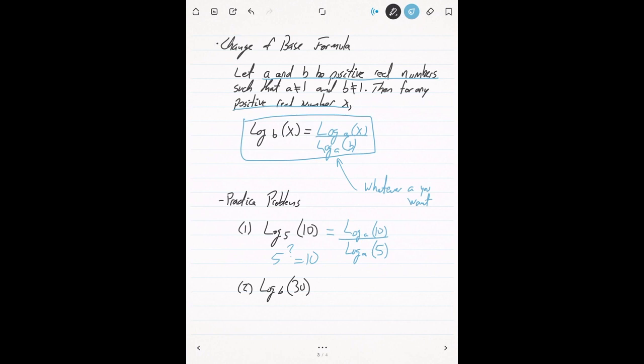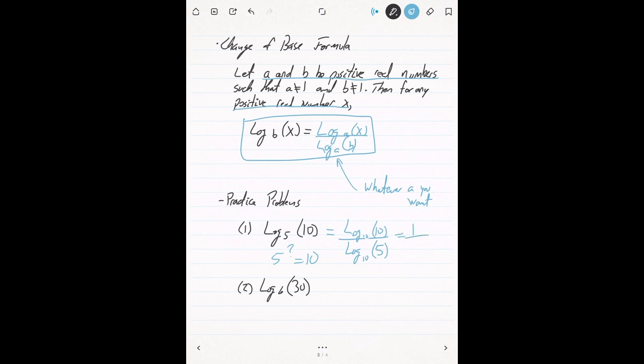Well, our calculators actually have log base 10 automatically programmed in. Pretty much most, if not all, calculators on the market now, when you hit the log button, it's log base 10. So I could actually type into my calculator log of 10 and get a number out. It's 1.